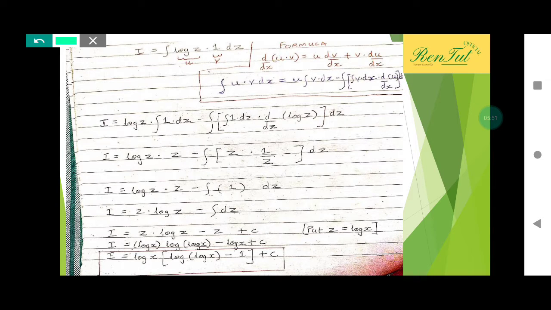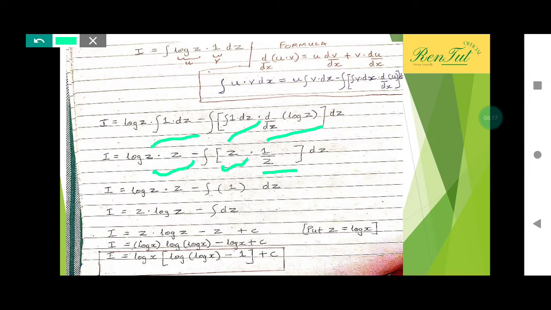You have to do the integration of 1 into dz, which is z itself. So you have got z over here, and log z into z. Then the integration of dz gives z, and the derivative of log z would be 1 by z.